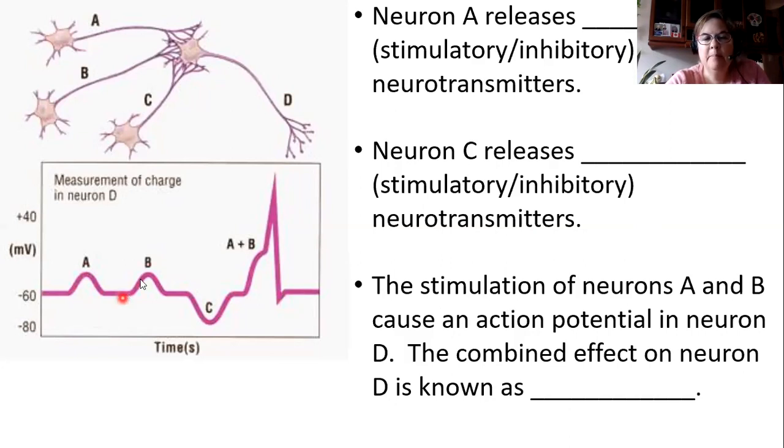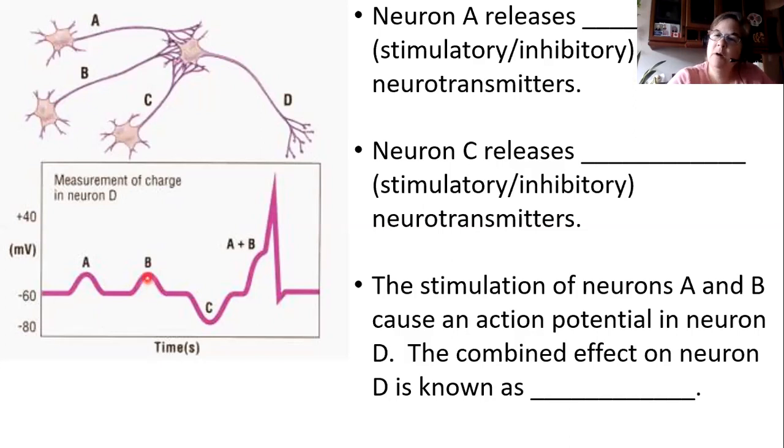Okay, so if I look at B, is B a stimulatory or inhibitory neurotransmitter? We can just write an I or an S, inhibitory or stimulatory neurotransmitter for B. Yeah, B is stimulatory.